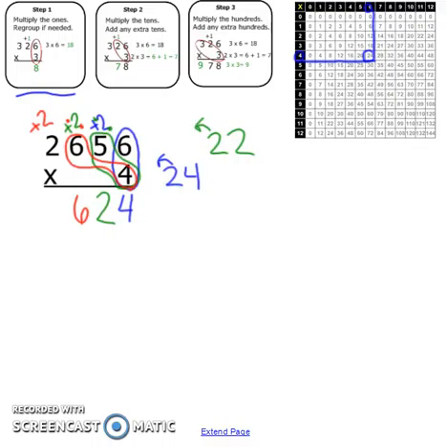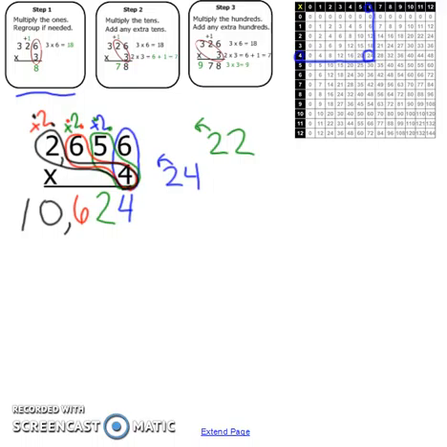Then I'm going to go ahead and multiply my thousands place. 4 times 2 is 8. I have to add what I carried, so I have 9, 10, no more places to carry. I'm going to write my 10 right here. Count over 1, 2, 3 places and put my comma.